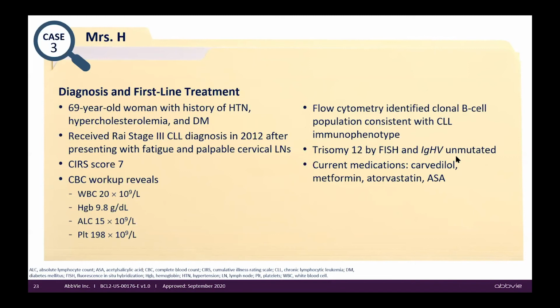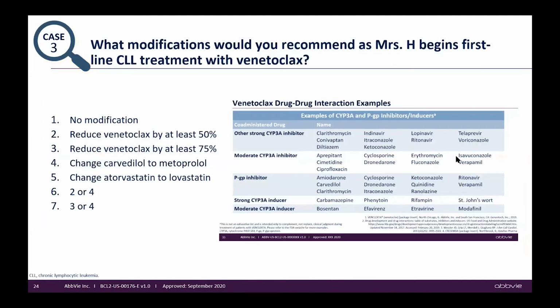Relevant to our question, her current medications include carvedilol, metformin, atorvastatin, and aspirin. So, given what we just discussed about required dose modifications for venetoclax, what modifications would we recommend for Mrs. H beginning first-line CLL treatment with venetoclax, given her medication list that we described?